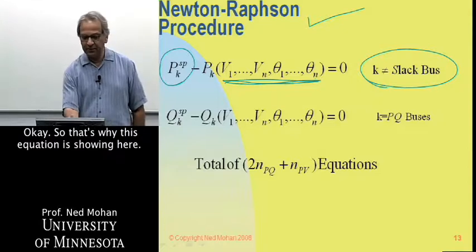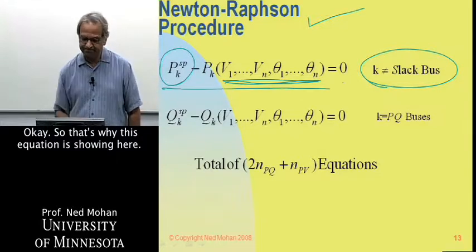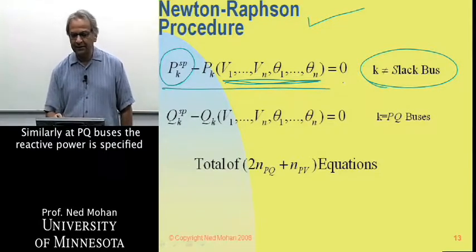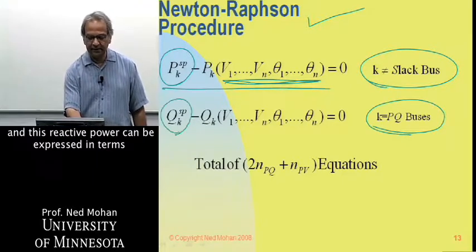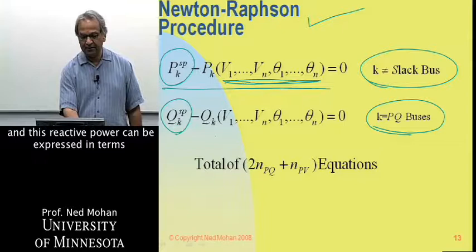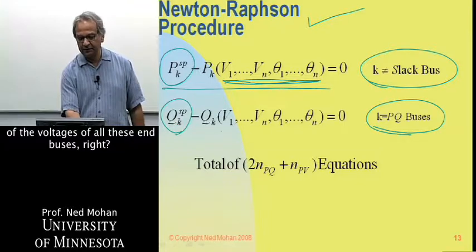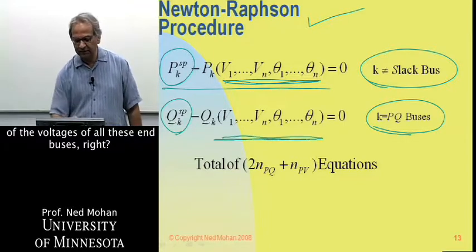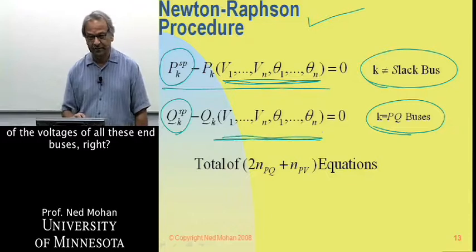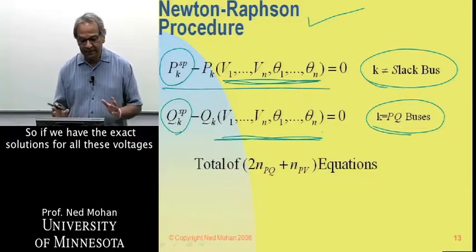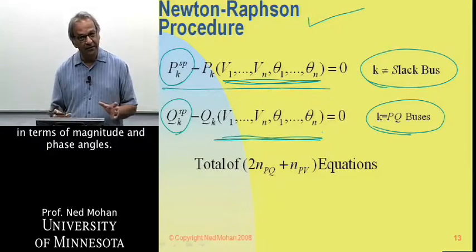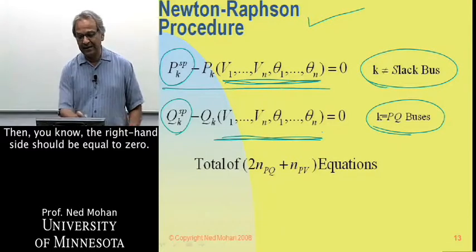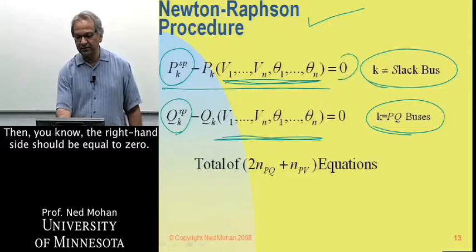So that's what this equation is showing here. Similarly, at PQ buses, the reactive power is specified, and this reactive power can be expressed in terms of the voltages of all these N buses, right? So if we have the exact solution for all these voltages in terms of magnitude and phase angles, then the right-hand side should be equal to 0.